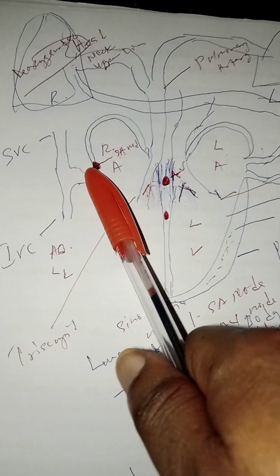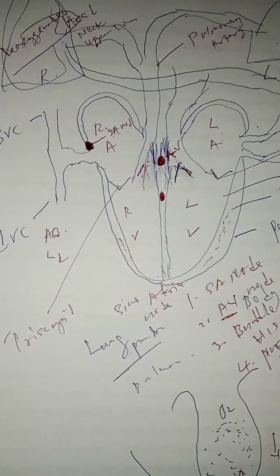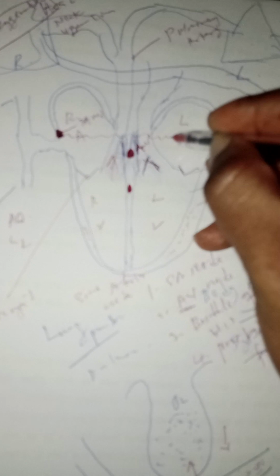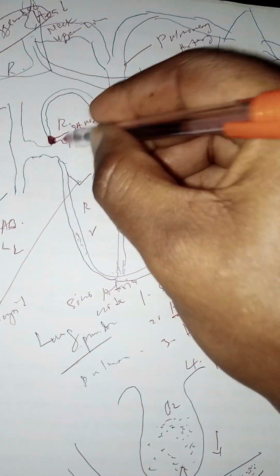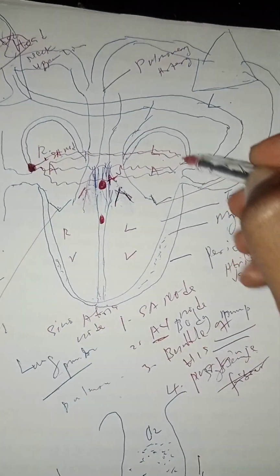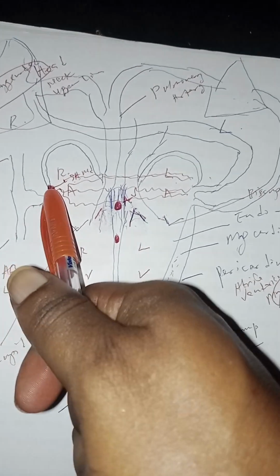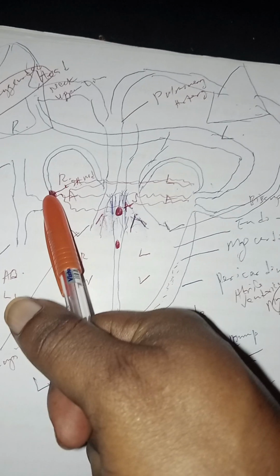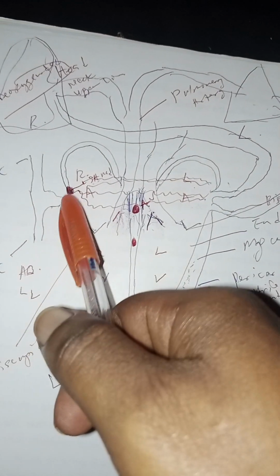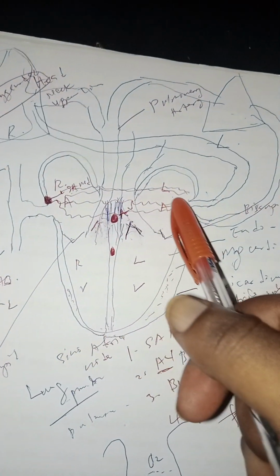The SA node sends electrical impulses from the right atrium, at the entry of the superior and inferior vena cava, to the left atrium.